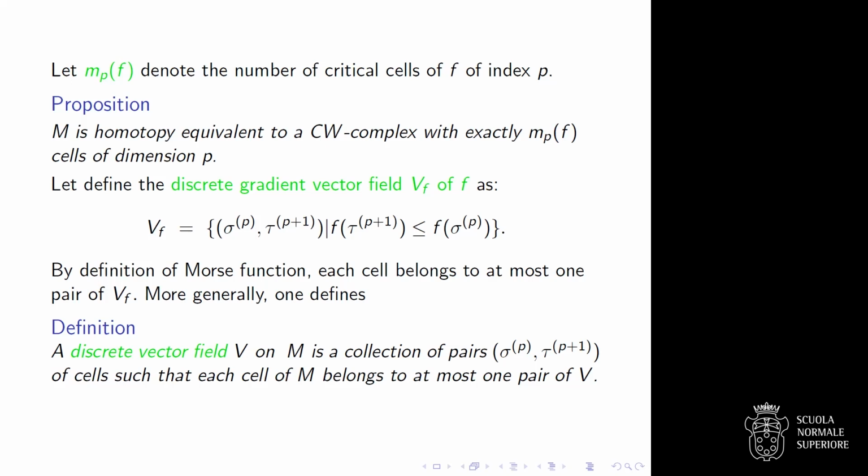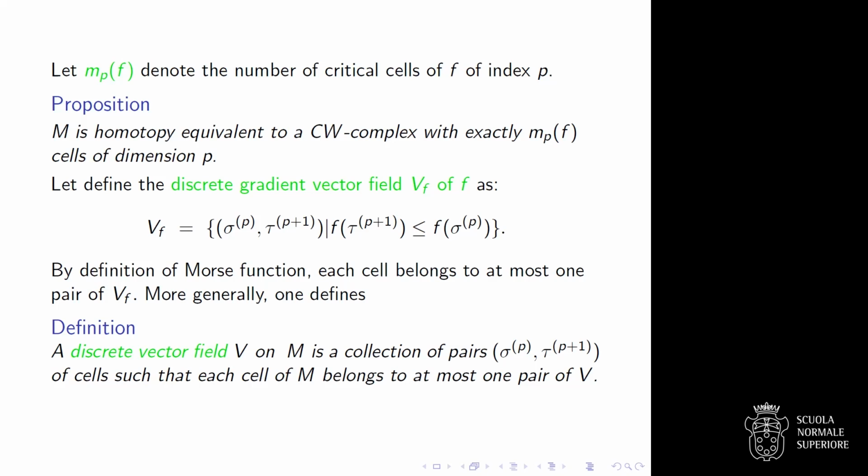This condition is essentially the only condition needed to define a vector field associated to a discrete Morse function, because a discrete vector field V on M is a collection of pairs sigma_p, tau_{p+1}, with sigma_p in the boundary of tau_{p+1}, of cells, such that each cell of M belongs to at most one pair of V. So every time we can define a set V having this property, it will be the gradient vector field of a discrete Morse function, which is the information that really provides the discrete gradient vector field.